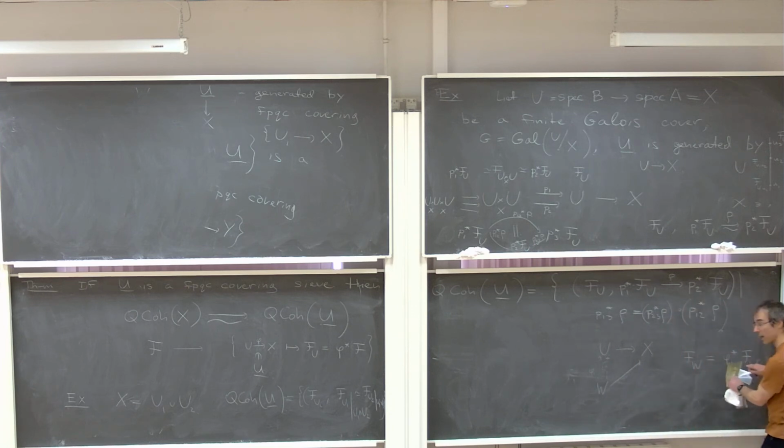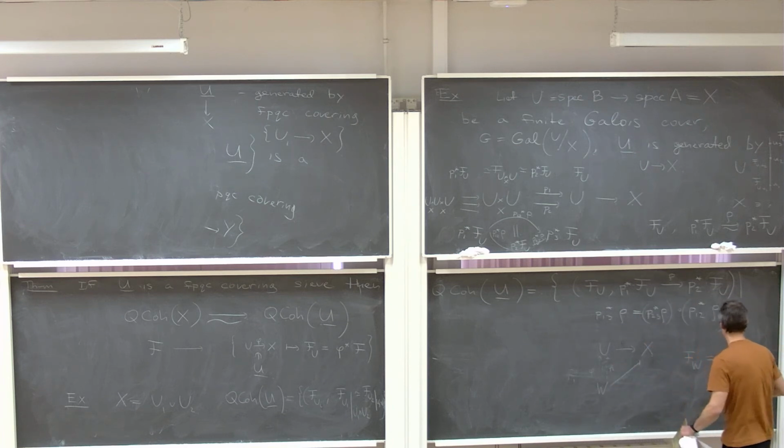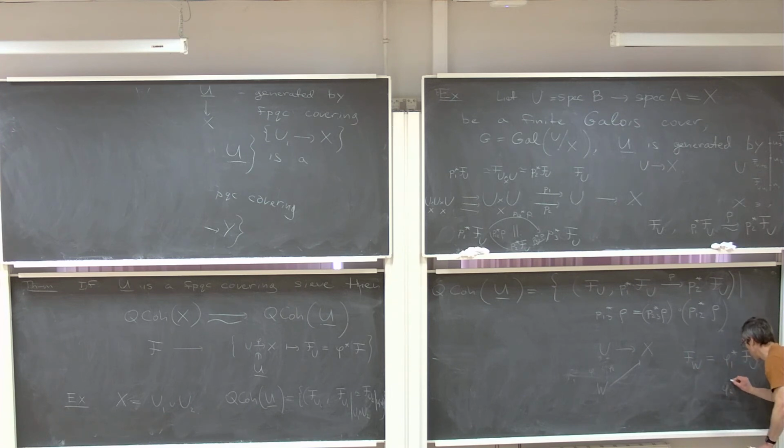So I need a way to identify the two pullbacks. So in order for this to be well defined, I need to explain how these two guys are identified.